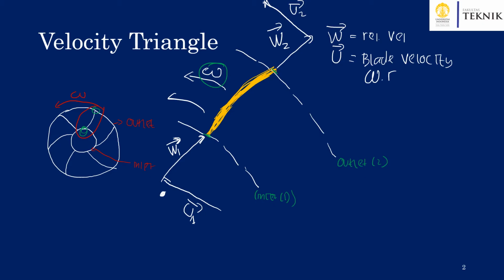So to close down this triangle, we will have here our absolute velocity, which we call C1 for the inlet, and here we have C2 for the outlet. So C is the absolute velocity.